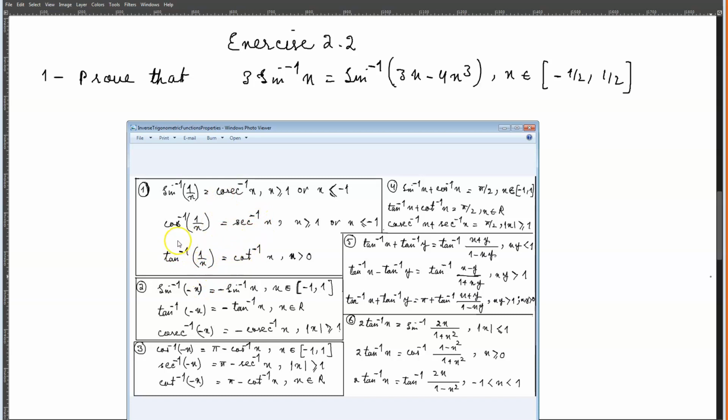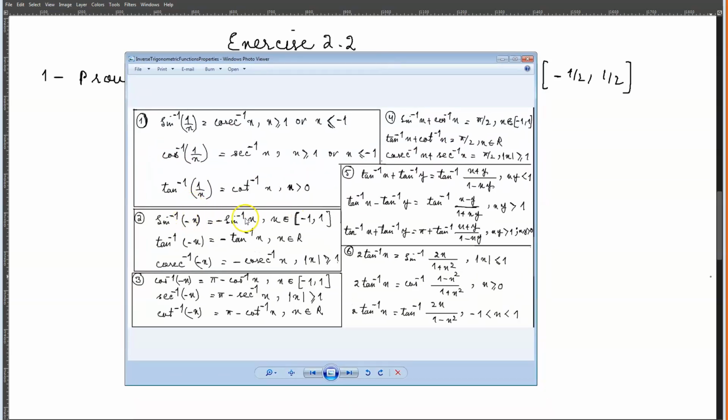Now the next part is basically the sine of negative x is equal to, for example, negative sine x, tan inverse of negative x is equal to negative tan inverse x. The cosecant inverse of negative x is equal to negative cosecant inverse x, and the same thing for cos inverse, secant inverse, and cot inverse.